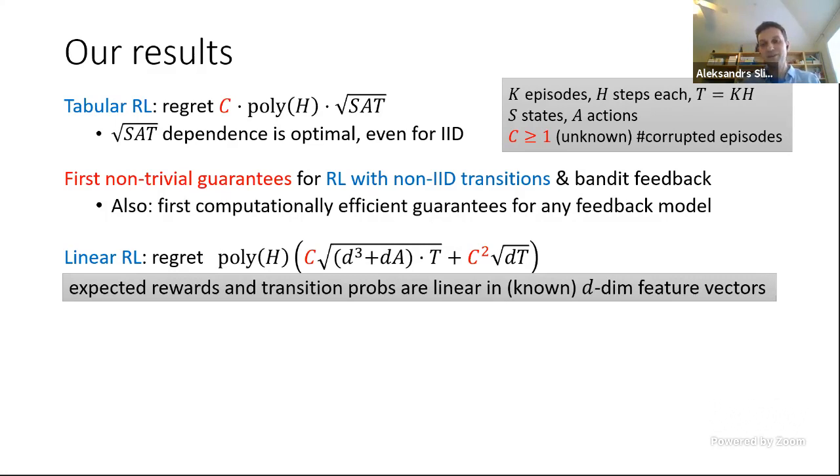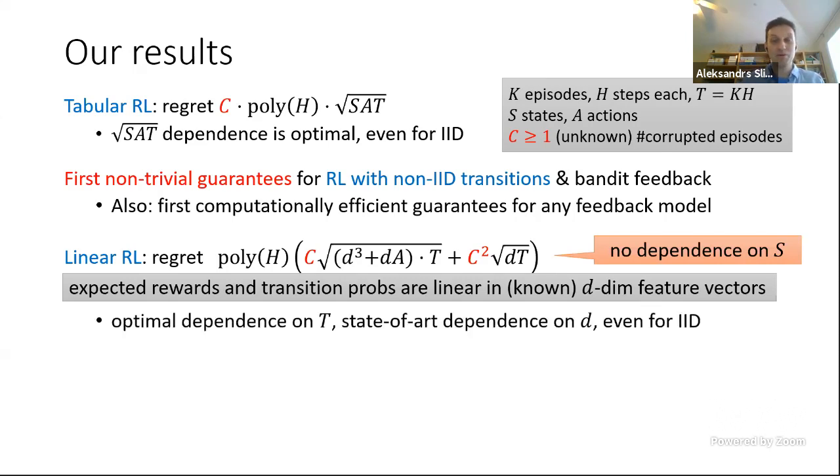Here, the main point is that the number of states could be very large or even infinite, and we don't depend on it at all. So we match the optimal dependence on T, the time horizon, and the state of the art dependence on D, the dimension, even for the IID case.